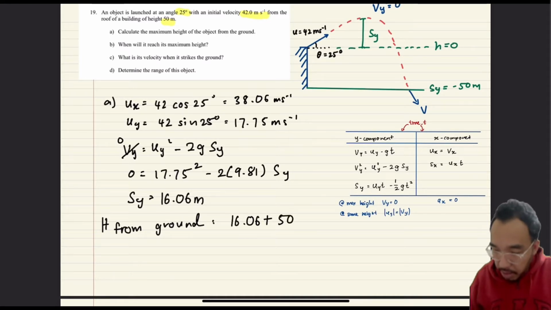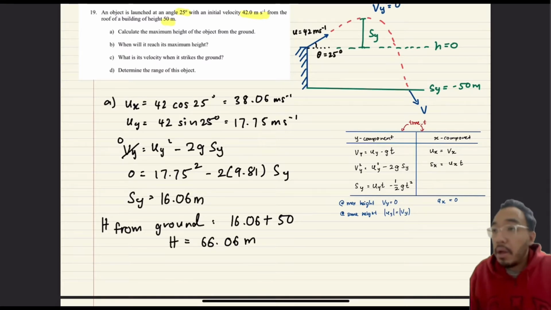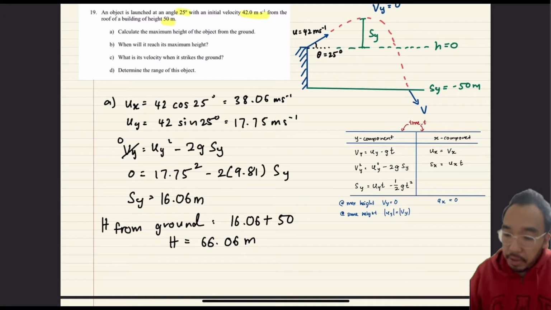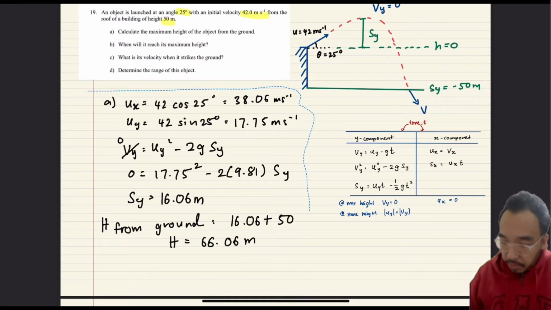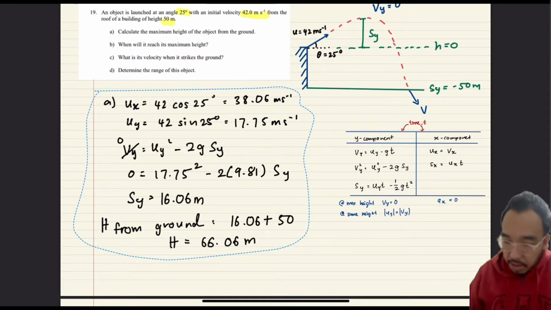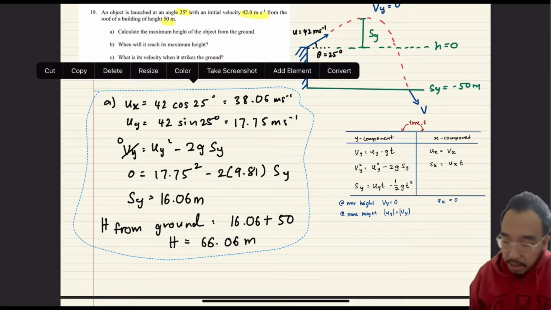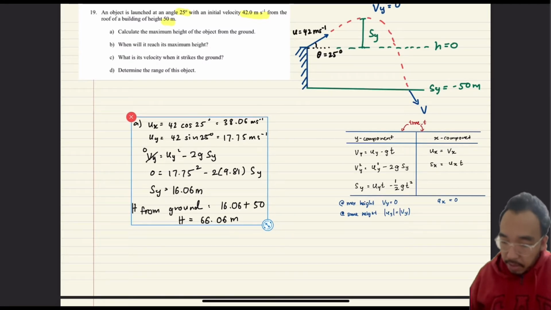So you get 66.06 meter. Okay, seems correct. Okay, I'm gonna resize it. Make this one a little bit smaller.